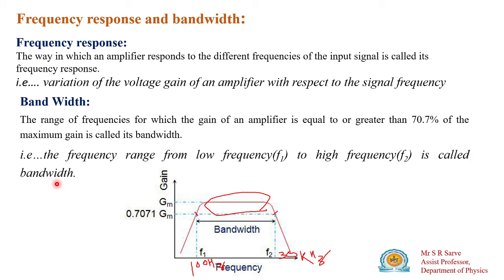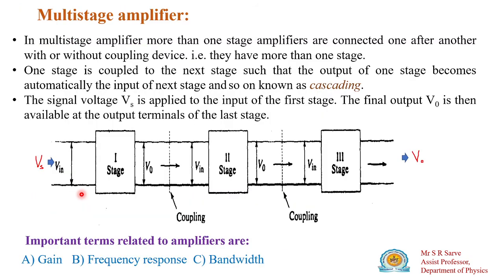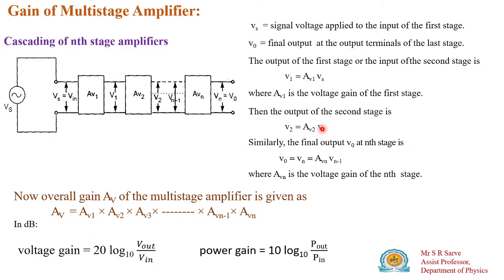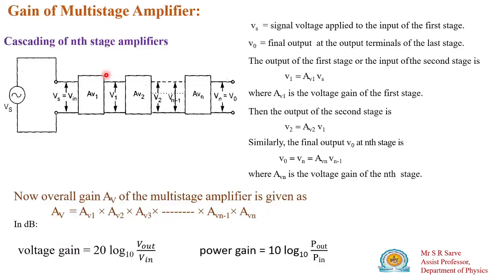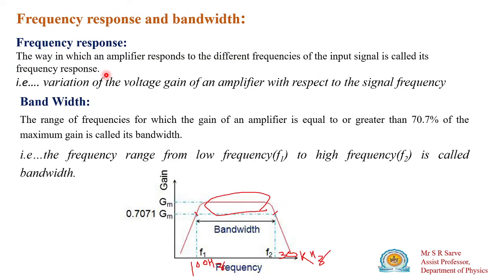So these are the multi-stage amplifiers. The important terms of these amplifiers are, first, your gain, second, your frequency response, or you can say frequency response and bandwidth. Okay, so this is about your multi-stage amplifier.